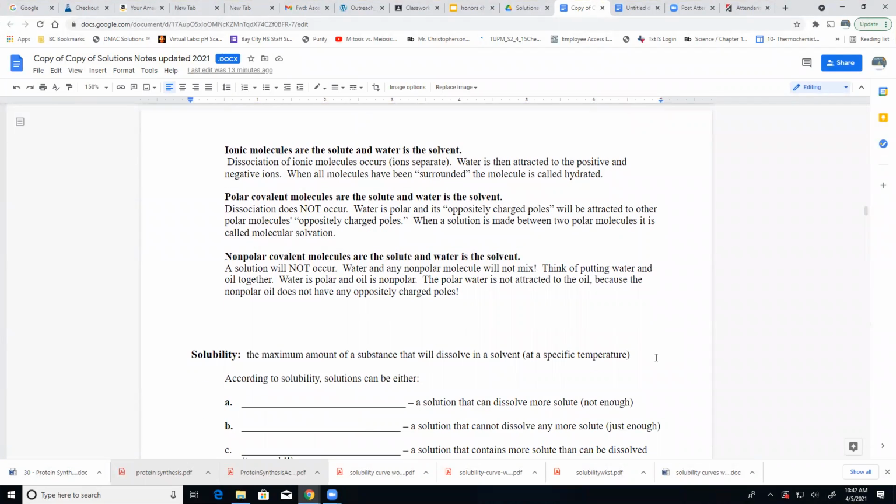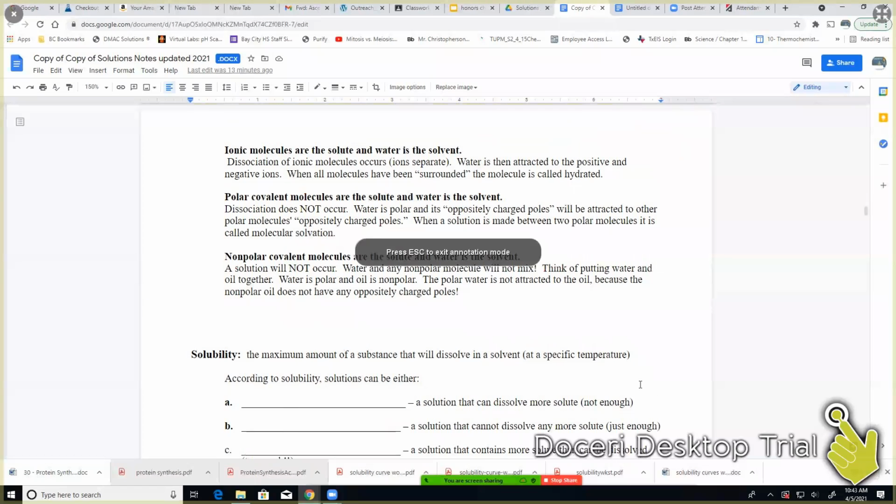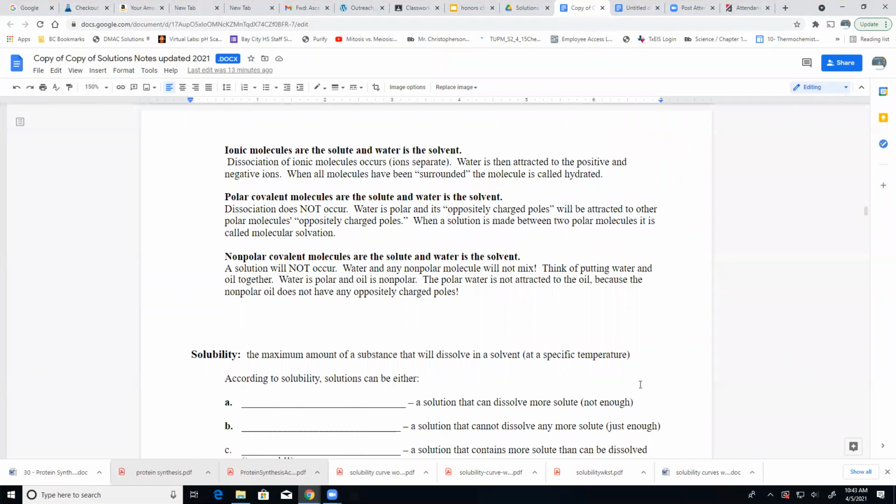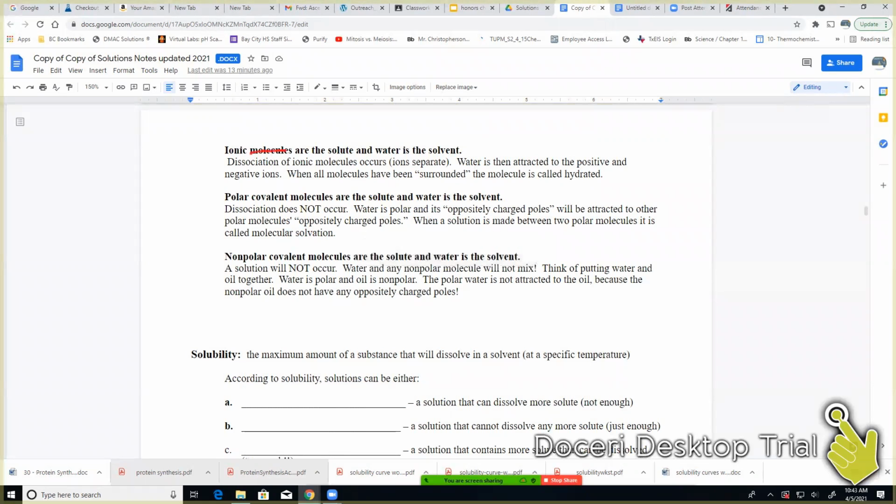Now if we talk about solvation, what's going to form a solution and when it happens: if I have an ionic compound and the water is a solvent, the first thing that's going to occur is dissociation of the ionic compound.